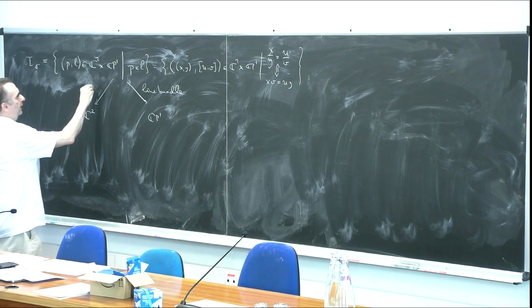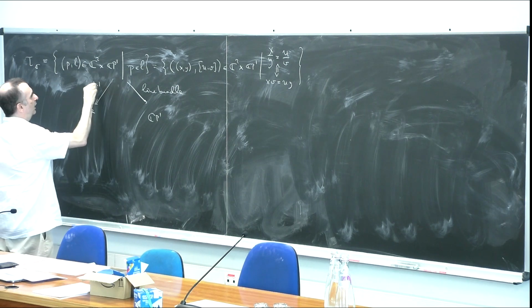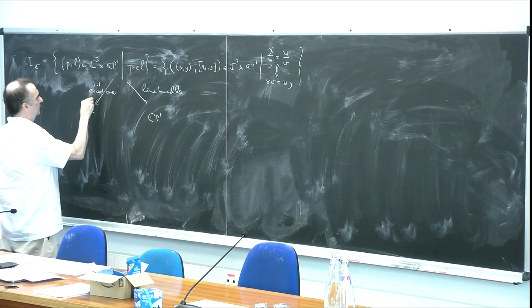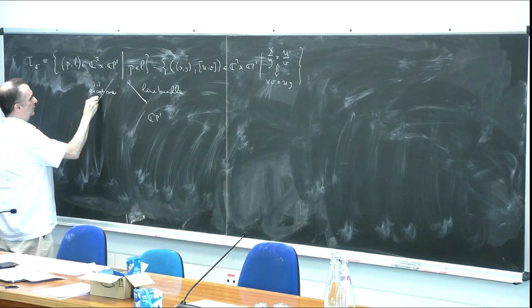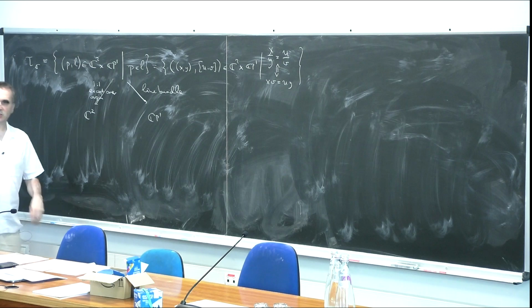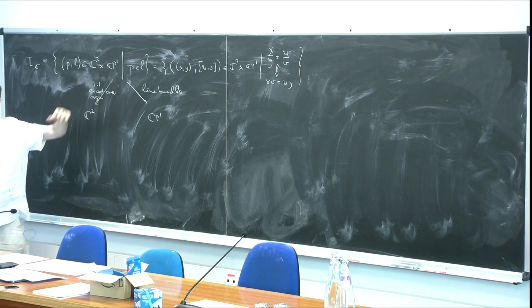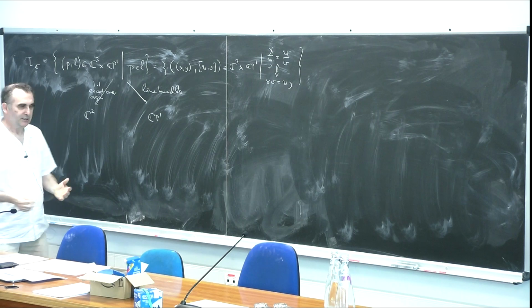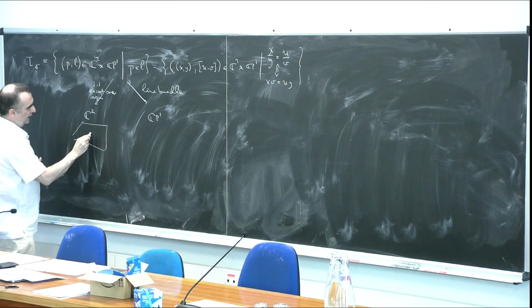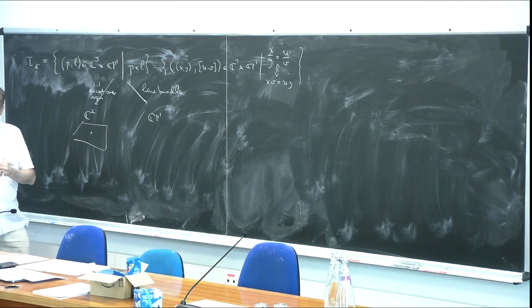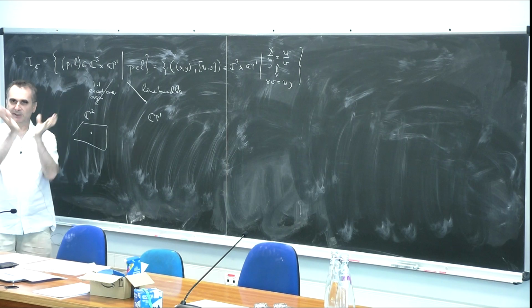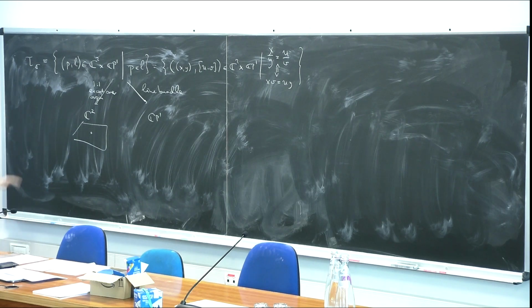So this is a map which is 1-to-1, except over the origin, where the inverse image is just a CP1. This map is called the blow-up map, and you might understand why. You take C2, and instead of the origin, you blow some air into that point, and it becomes a sphere.